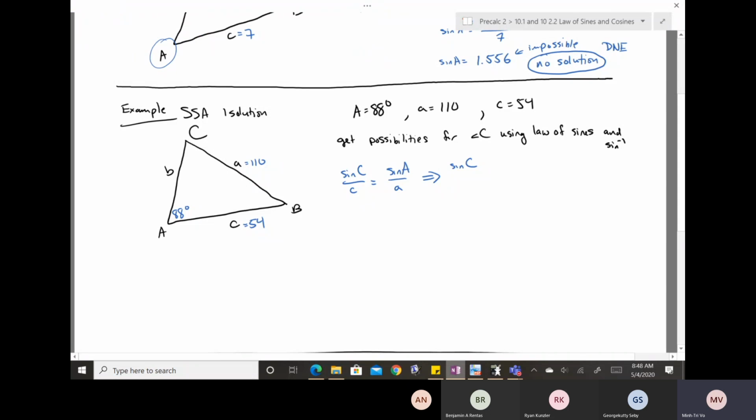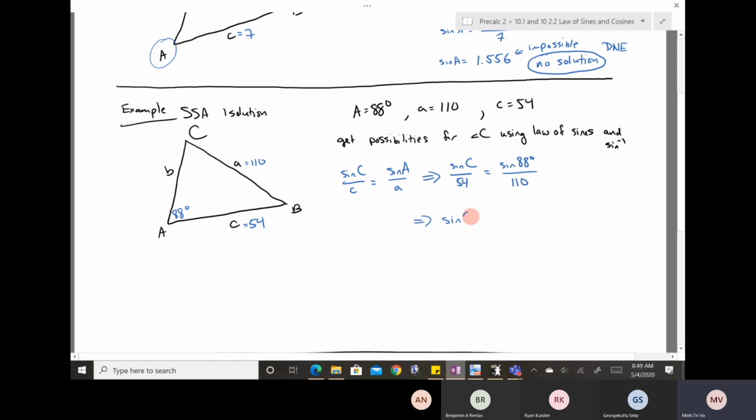But in any case, let's continue. Side C is 54, angle A is 88 degrees, and side A is 110. The 54 multiplies over. So what do I get?